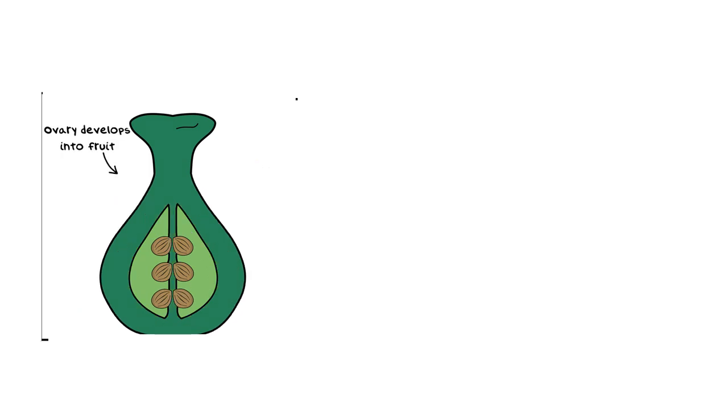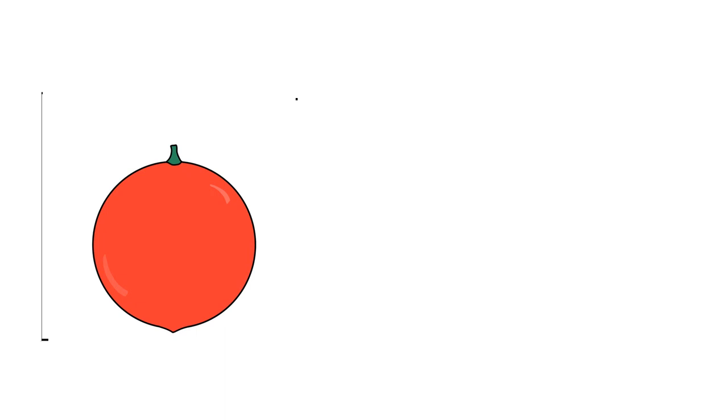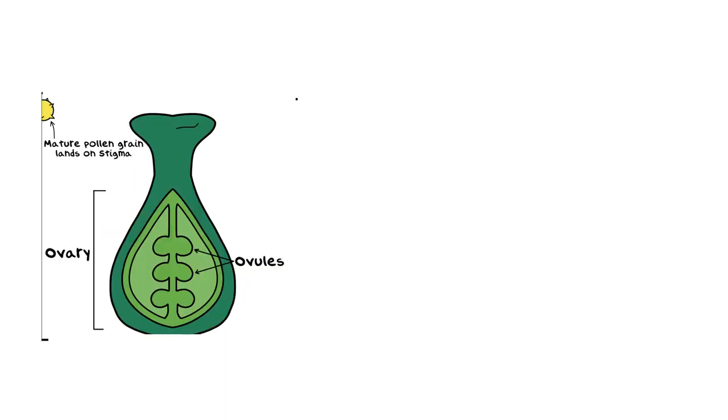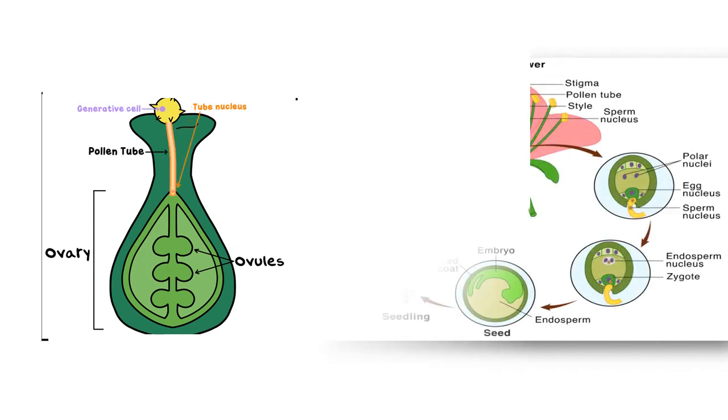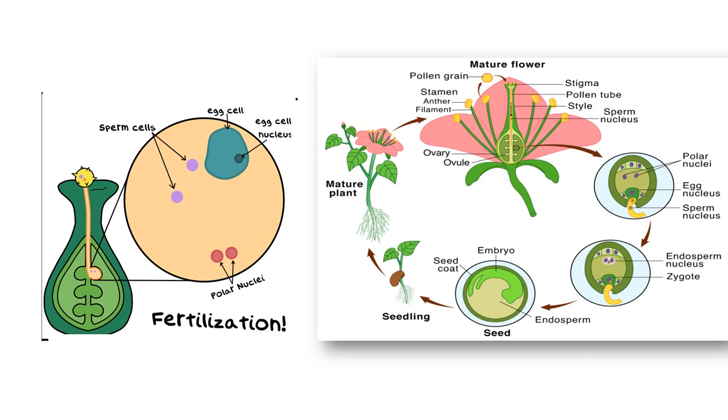Every ovule is fertilized. The ovary develops into the fruit, and then the fruit is ready, which we generally eat or love eating. So this is a schematic representation of the sexual reproduction taking place in the most evolved plants of our surroundings.